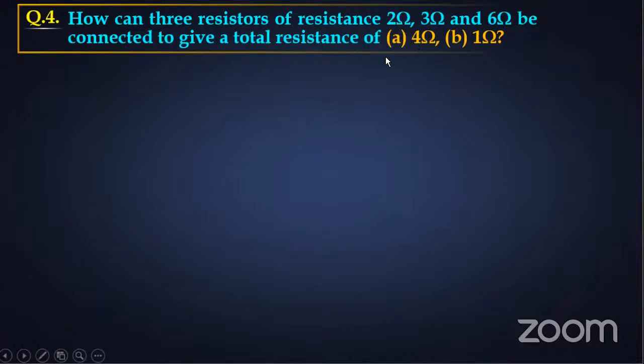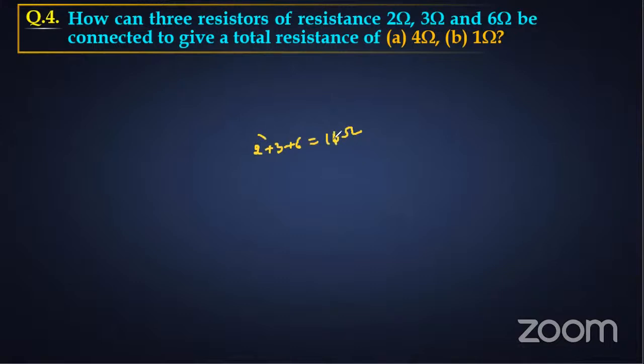What is the combination of these three resistors? Is it all 3 in series? No, it's not possible. If you connect all 3 in series, 2 plus 3 plus 6, how much? 11 ohms.